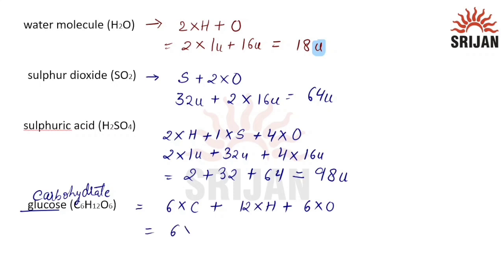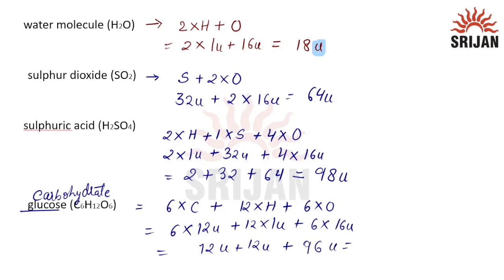The mass of carbon is 12U, hydrogen 1U and oxygen 16U. This one is 72U, this one 12U and this one 96U. If I sum up, it will be 180U. That is the molecular mass of glucose.